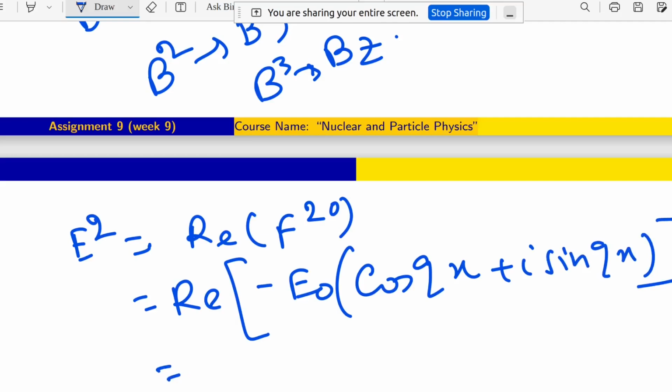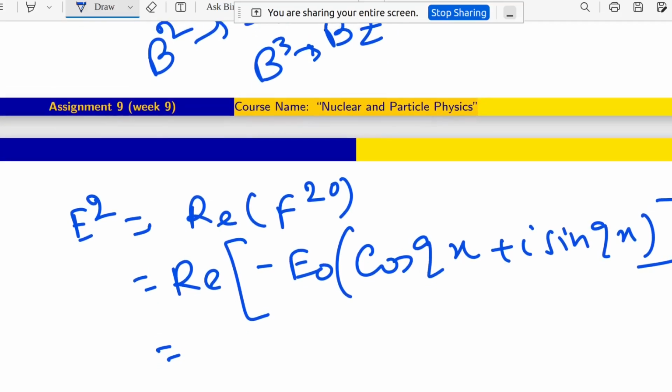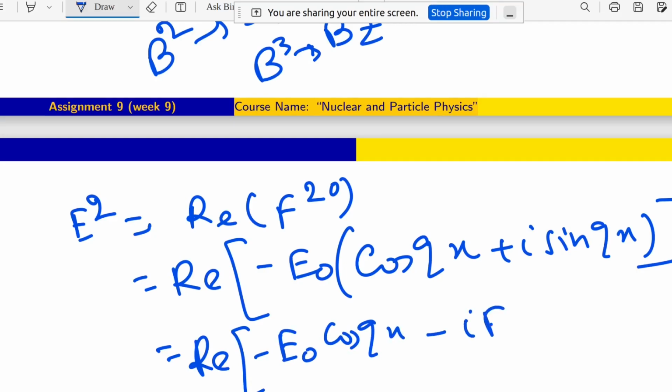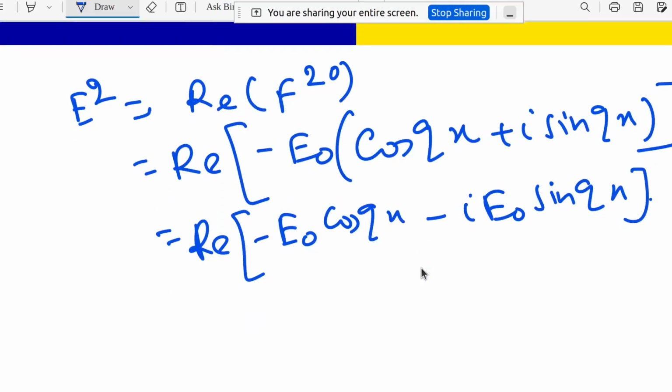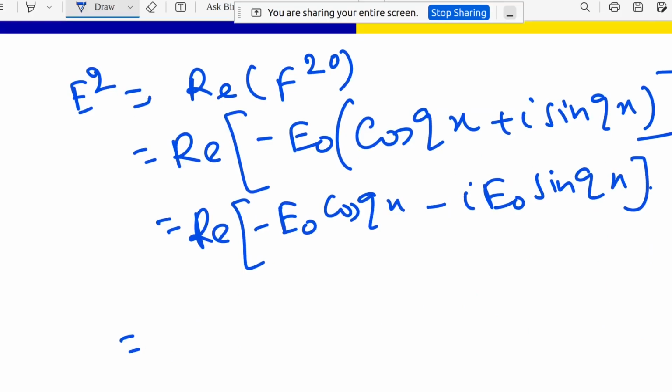You can check by yourself also. Then it will be like real of minus E0 cos qx minus I E0 sin qx. So as they are asking about the real value, it will be only minus E0 cos qx.